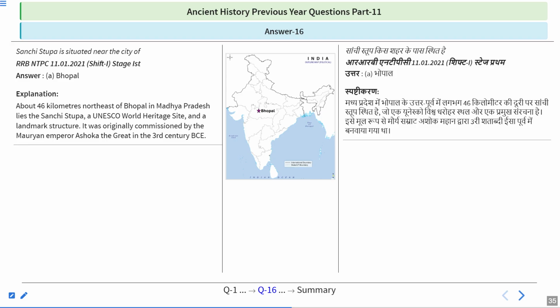About 46 kilometers northeast of Bhopal in Madhya Pradesh lies the Sanchi Stupa, a UNESCO World Heritage Site and a landmark structure. It was originally commissioned by the Mauryan Emperor Ashoka the Great in the 3rd century BCE. So do remember that Bhopal is a particular place near the Sanchi Stupa, and Sanchi Stupa was established by Ashoka.